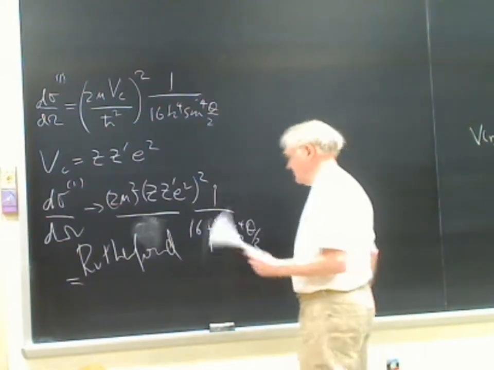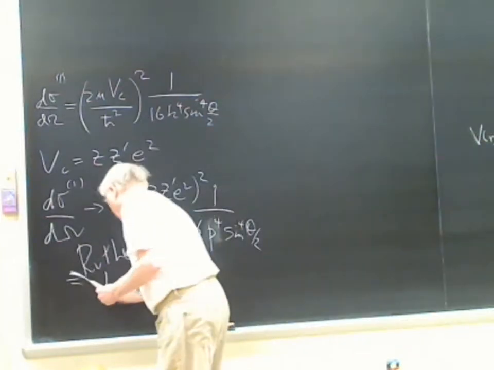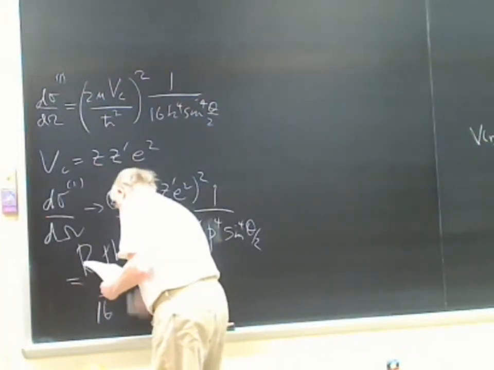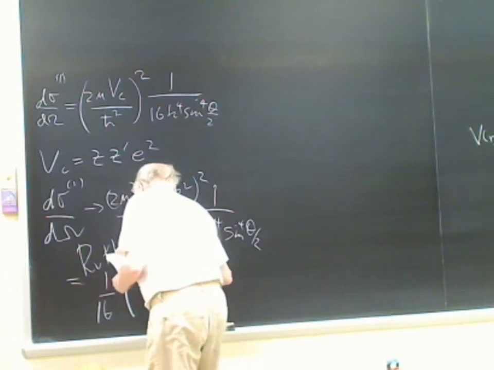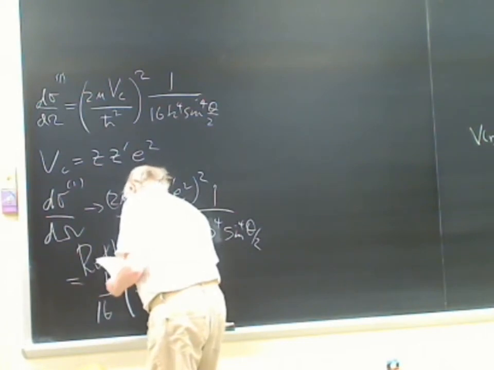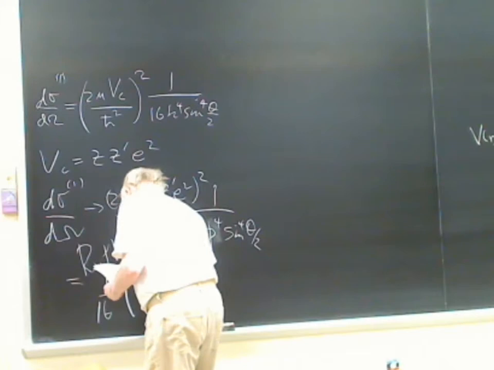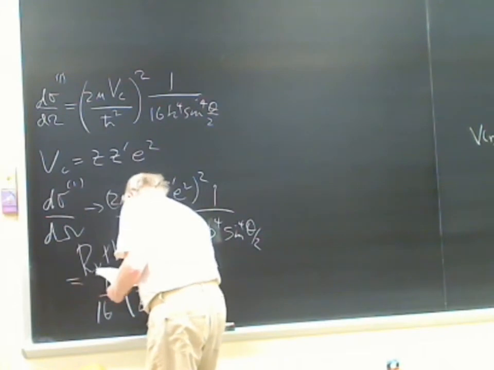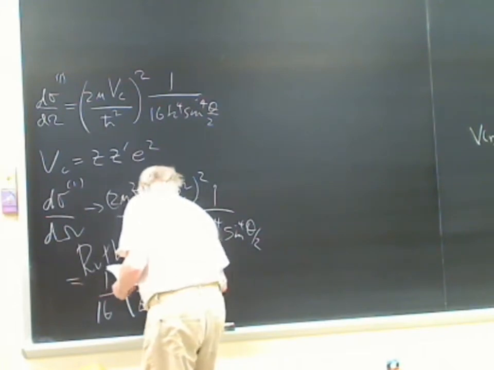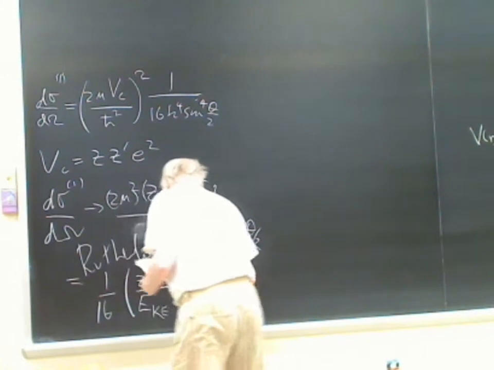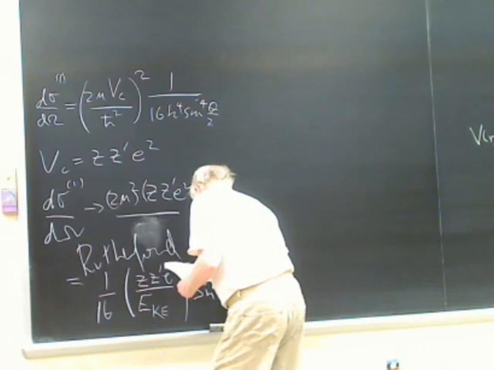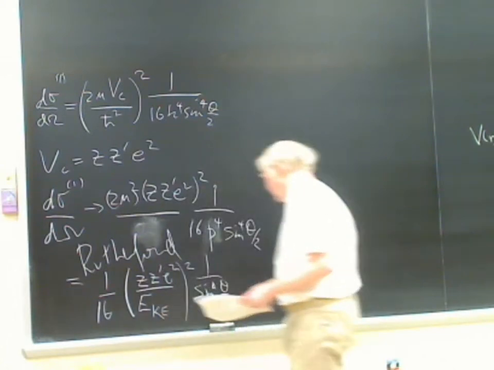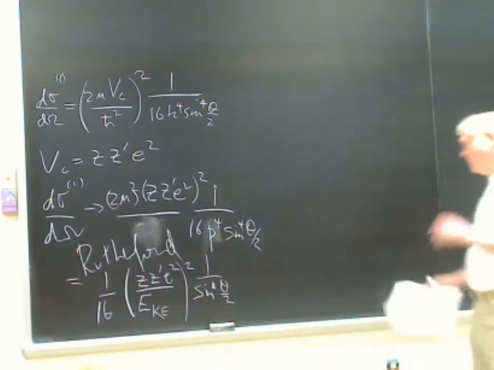Another way of writing this, let's write it one more time, is 1 over 16 times z prime e squared over the kinetic energy of the incident particle, squared, times 1 over sine to the 4th of theta over 2.